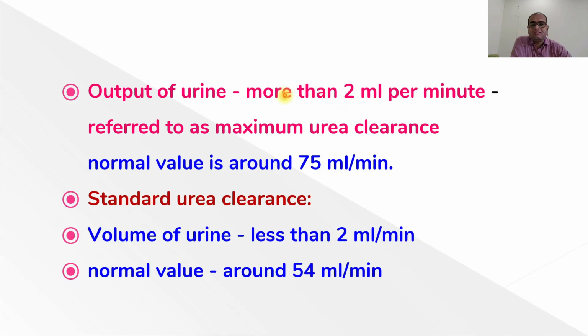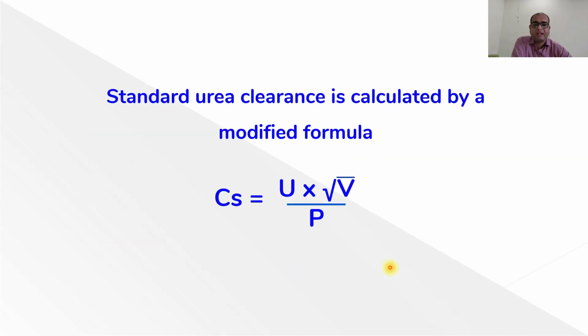Now for urea, if the output of urine is more than 2 ml per minute, it is considered as maximum urea clearance. Normal value is around 75, which is very less compared to creatinine. But if your output of urine is less than 2 ml per minute, due to any problem, maybe difficulty with urine excretion or an injury, the value goes down to 54 ml per minute, and it's a different formula.